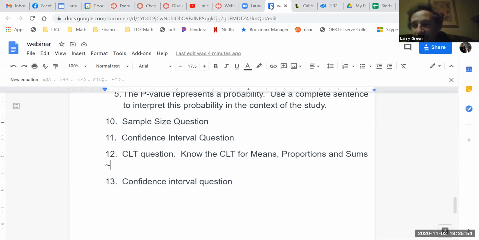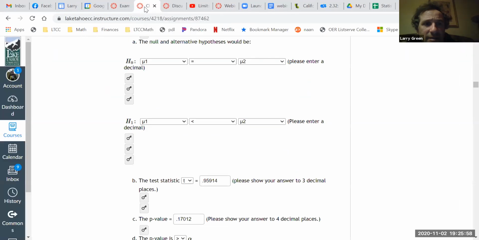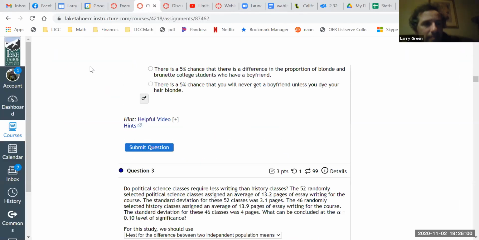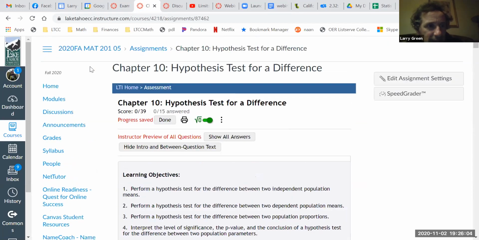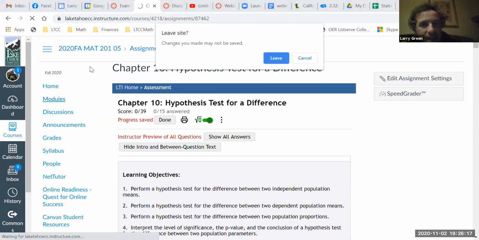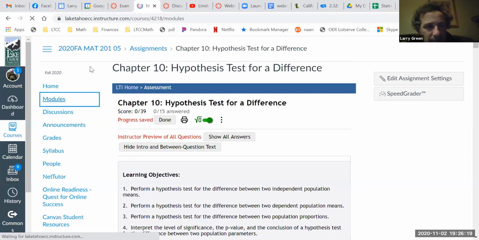The practice midterm? Yeah, so if we go back to, I think it was here. I believe I posted it somewhere. Let me go to the modules. I think there's a few places I put it.